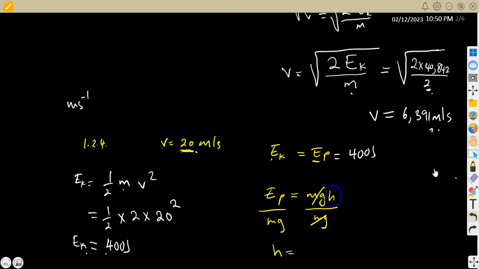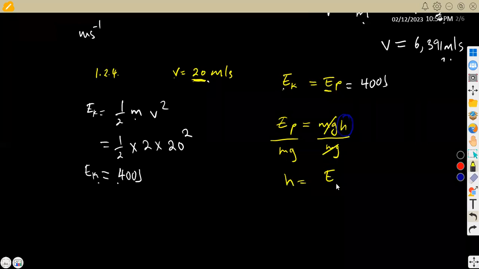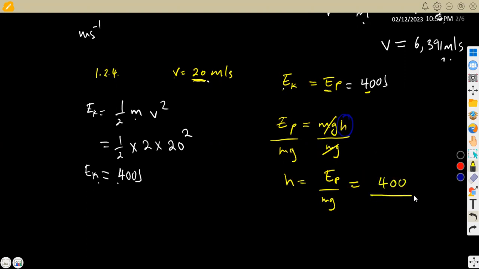Thus, the height is equivalent to the potential energy over mg, whereby the potential energy is the same as the kinetic energy of 400, over the mass, which is still the same here, 2 kgs, times the gravitational acceleration of 9.8. Okay, so from this, we can have the original height from the information that we have, which is 20.408 if we use your calculator and round off properly.